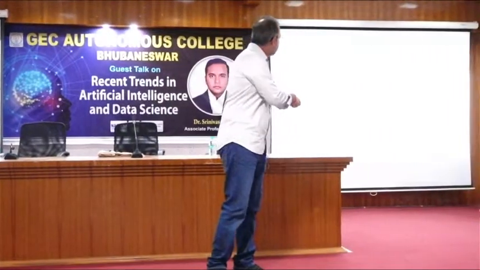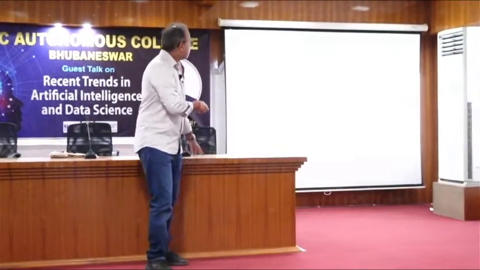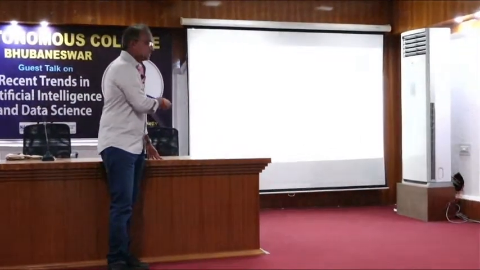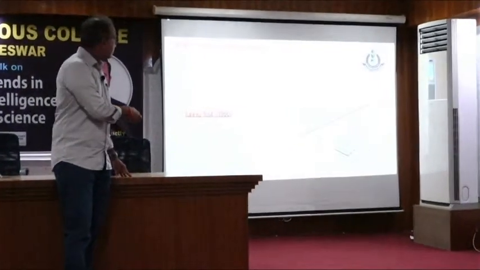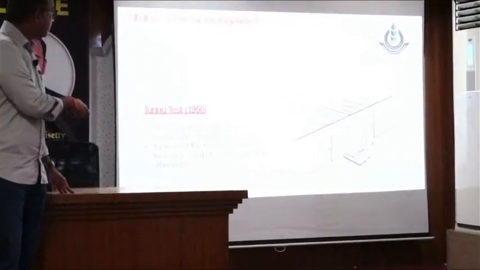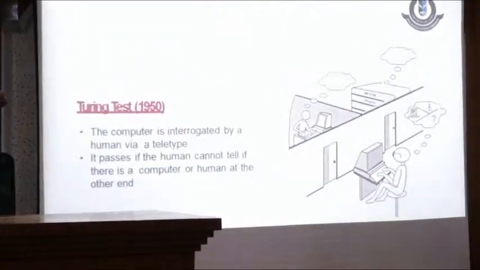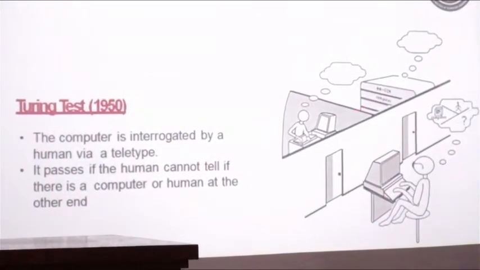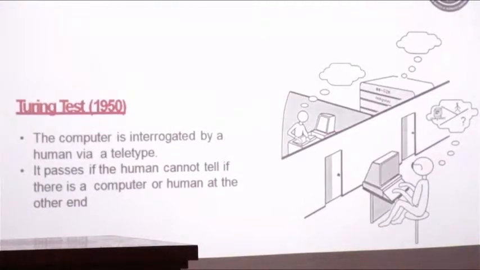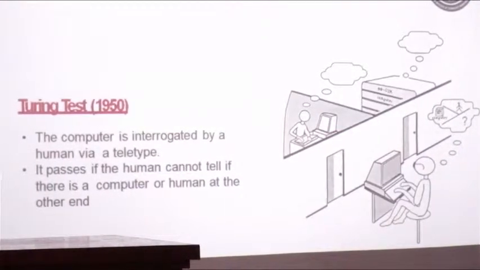There are two parties on the other side: one of them is a human, the other is a machine. The person cannot see who they are, and is trying to interact with them.